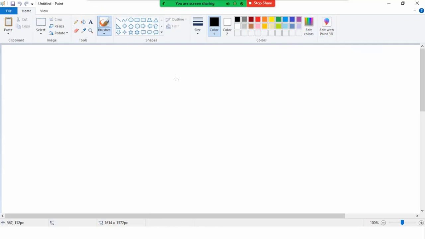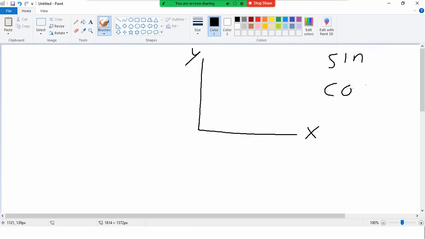All right, so first thing to think about is we have X and Y. Actually, I do this Y and then X, right? So then X, then Y. So if we have sine and cosine, let's think about this right here.